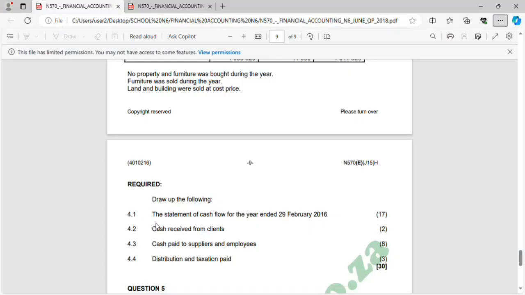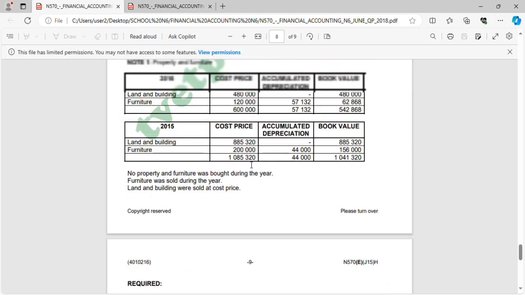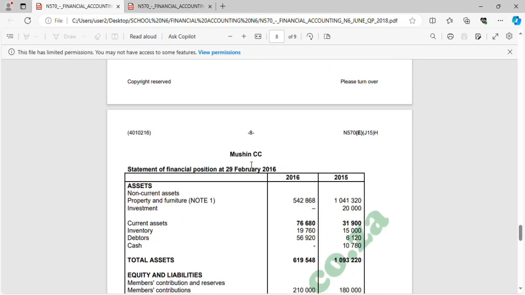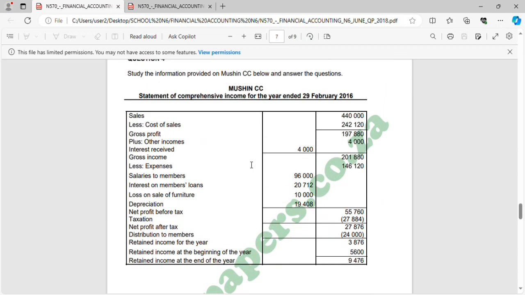Let me go and check our statement of comprehensive income. Here, the statement of comprehensive income is for the year ended 29 February 2016. We have the first item, sales. I'm not going to check the additional information for anything that includes sales, because we have the final amount for sales.